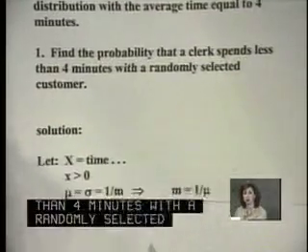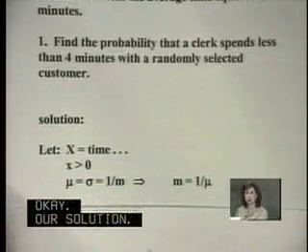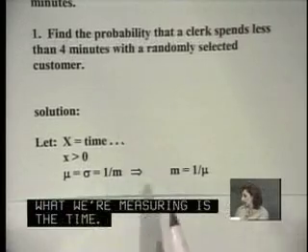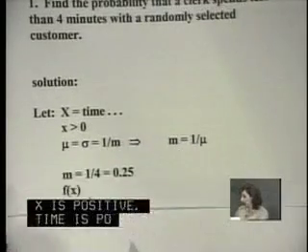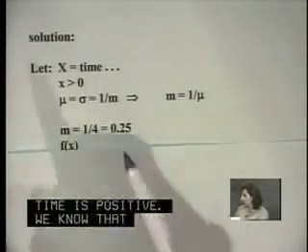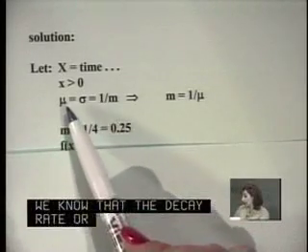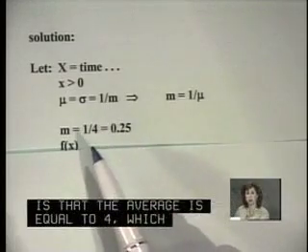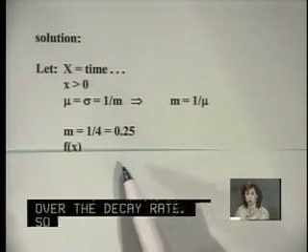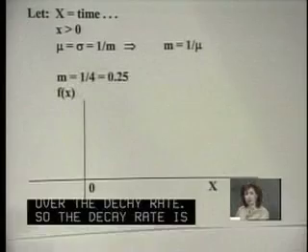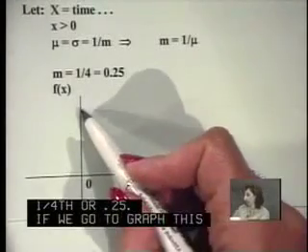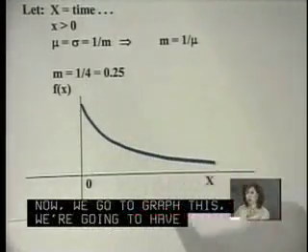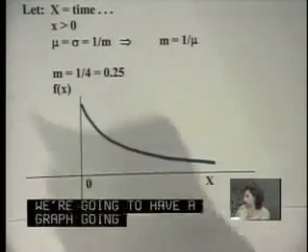Okay, our solution. What we're measuring is the time. X is positive, time is positive. We know that the average is equal to 4, which is 1 over the decay rate, so the decay rate is 1/4, or 0.25. If we go to graph this now, we're going to have a graph going down like this.